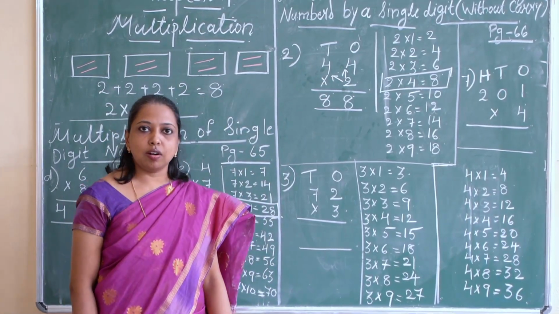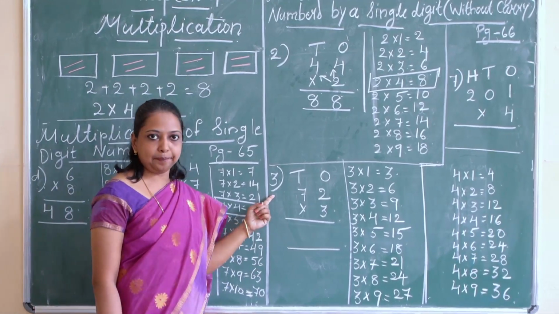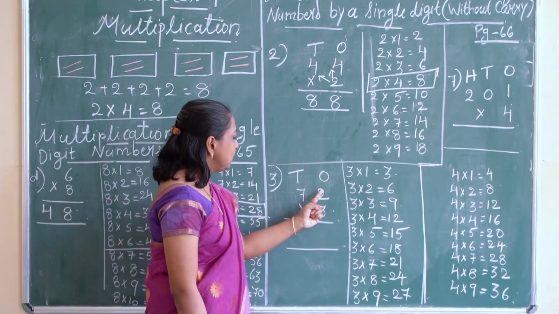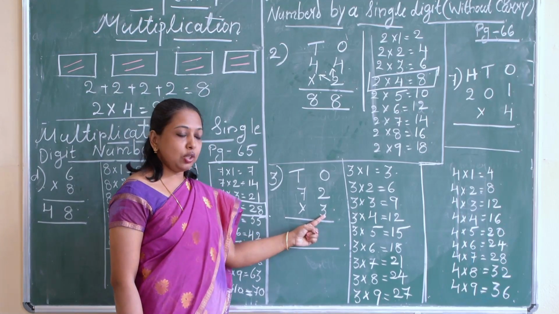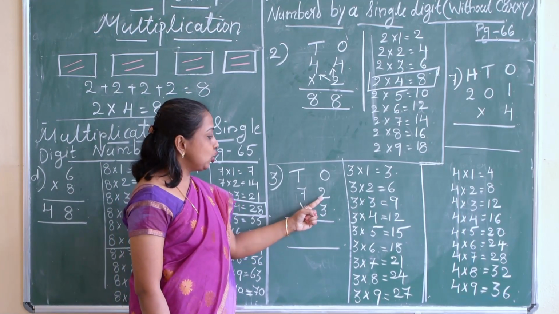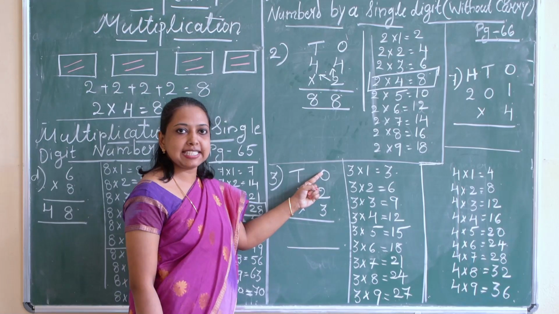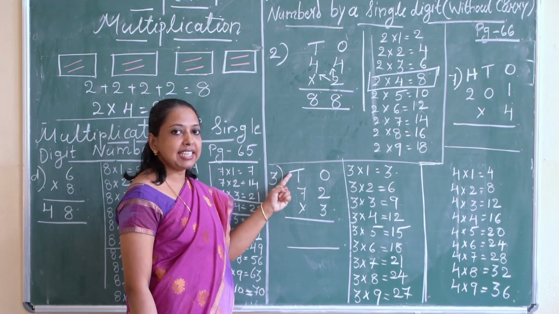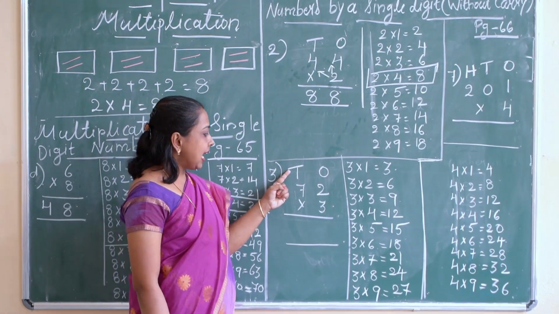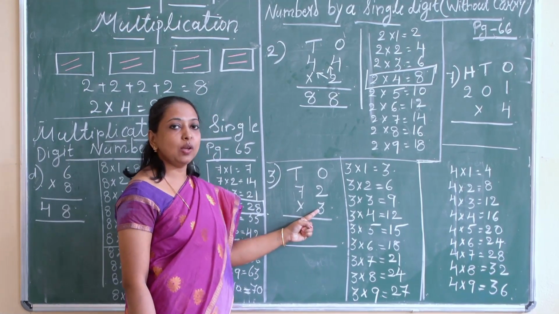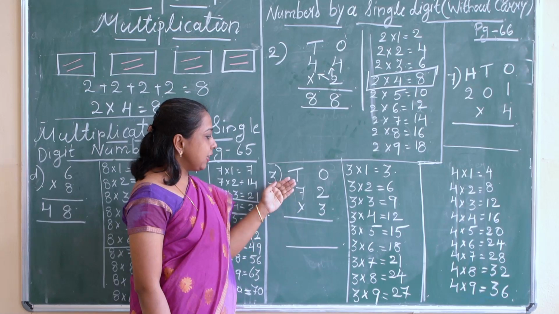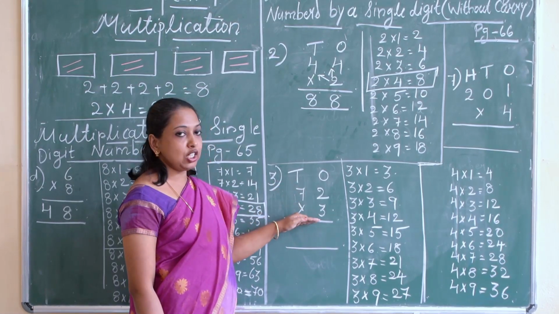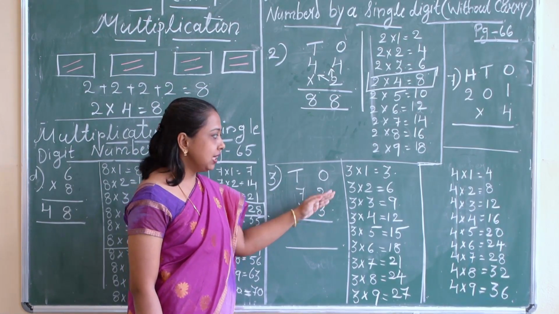Now let's solve question number 3. 72 multiplied by 3. As you already know, in 72, 2 is at the ones place and 7 at the tens place, and 3 at the ones place. We start from the multiplier. Here 72 multiplied by 3, so we can use the table of 3.